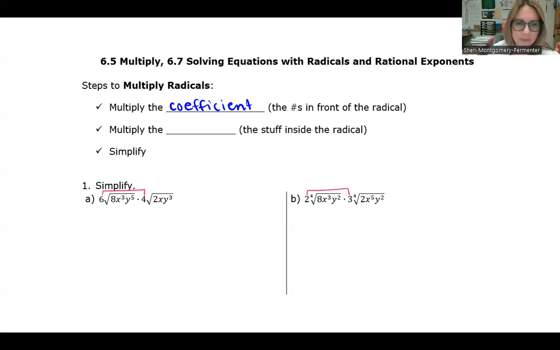It's kind of a weird word. So that's the stuff underneath the radical. That stuff goes together too. So the inside goes together and the outside goes together when we multiply.